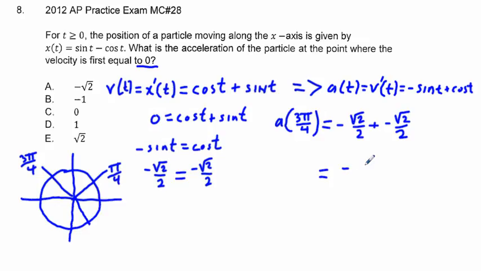So we have minus 2 square root of 2 over 2. The 2s cancel, so our answer is negative square root of 2. That would be our answer choice A.